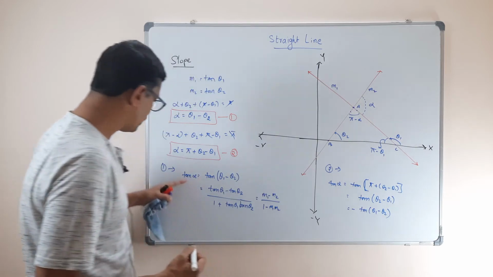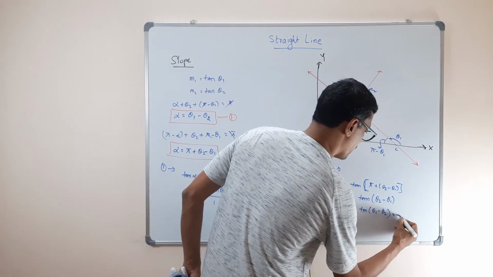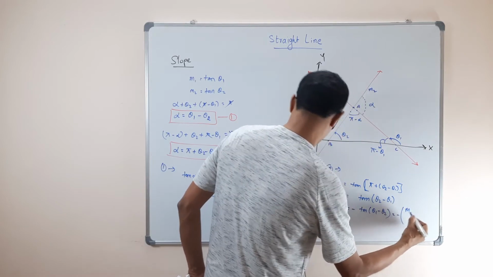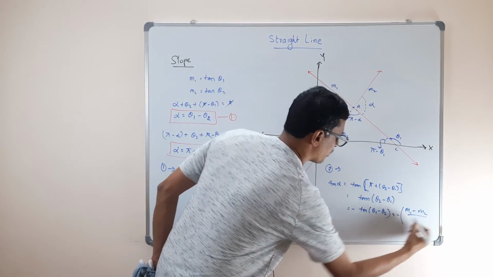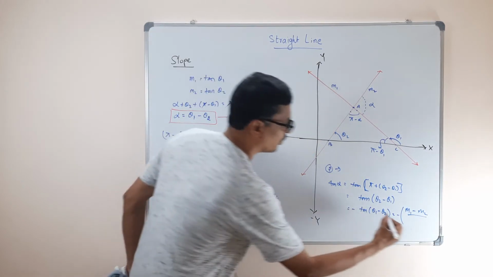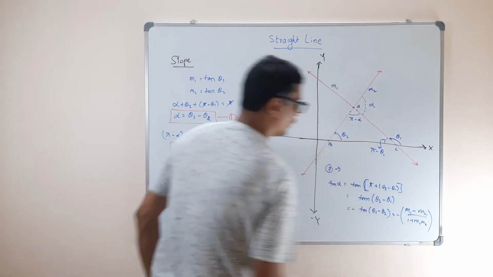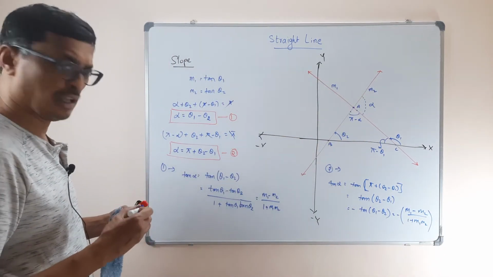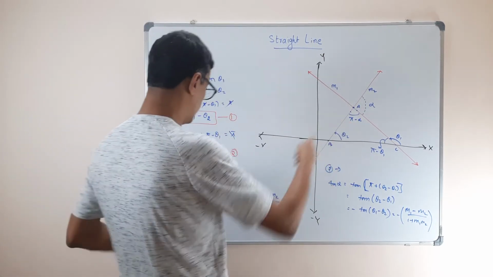Okay, so we know tan theta 1 is the same as m1, correct? So this will be minus of m1 minus m2 divided by 1 plus m1 m2. So in either case, if you take this angle as alpha, then this will be the answer.